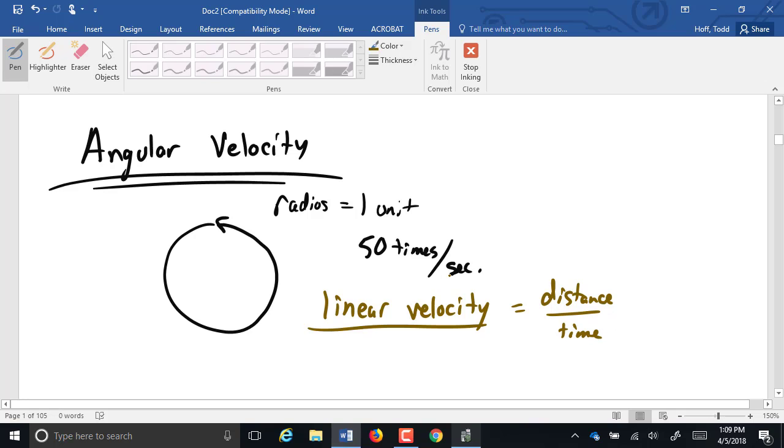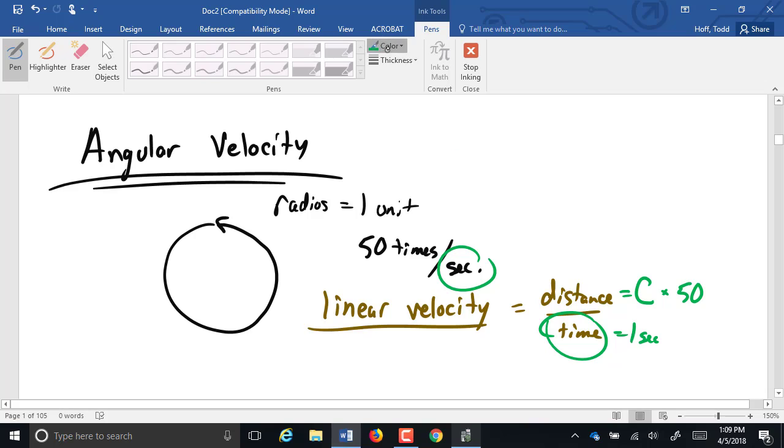Well, our time here is 1 second. Our distance is going to be the circumference of the circle times 50, because it goes around that circle 50 times.